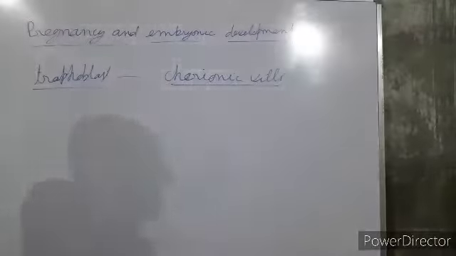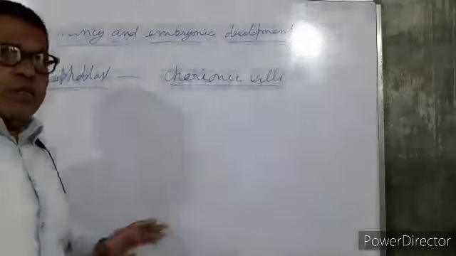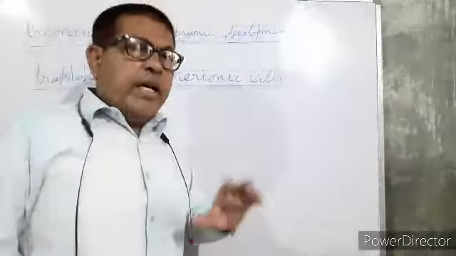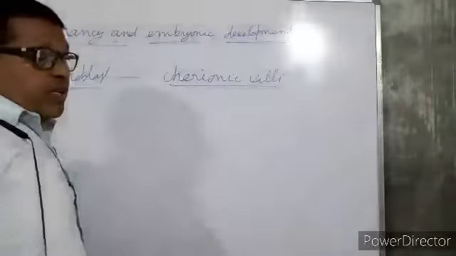Initially, this chorionic villi covers the entire surface of the trophoblast.